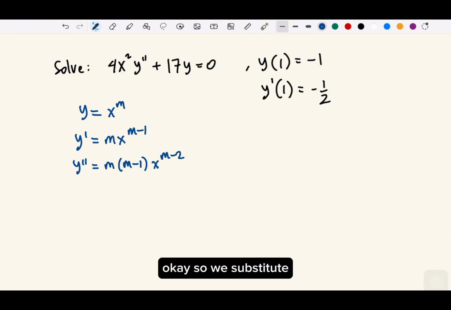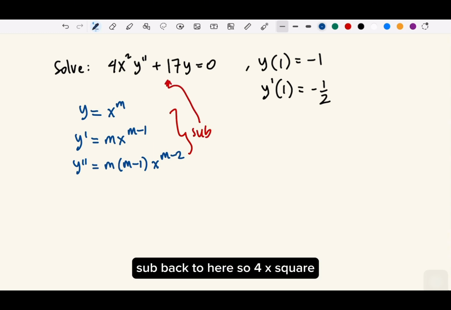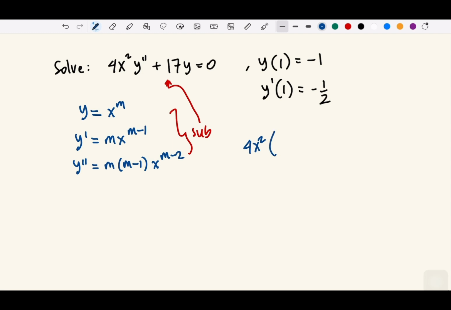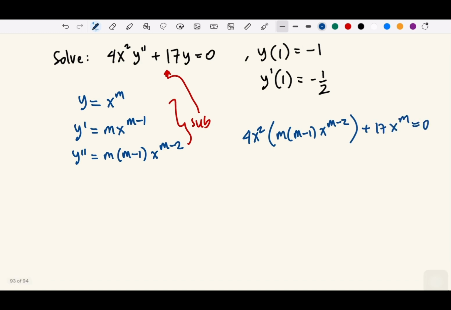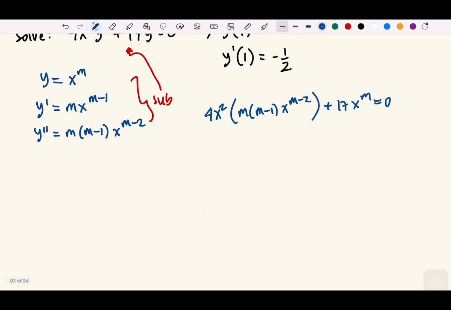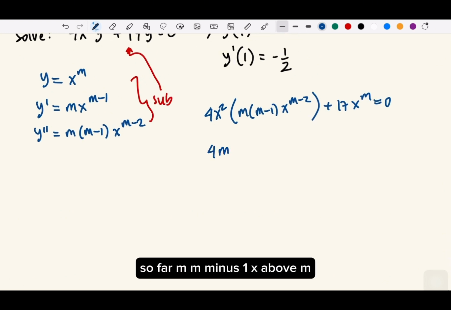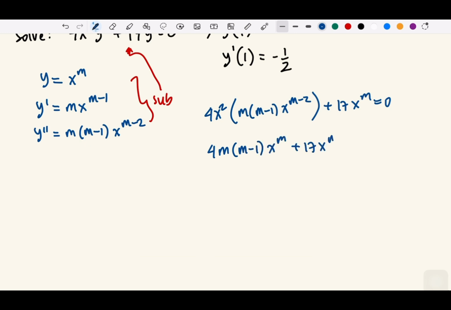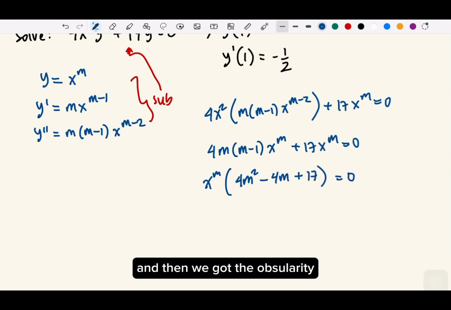Okay, so we substitute back to here. So 4x squared, so 4m minus 1 x to the power of m, and then we get the auxiliary now, right?